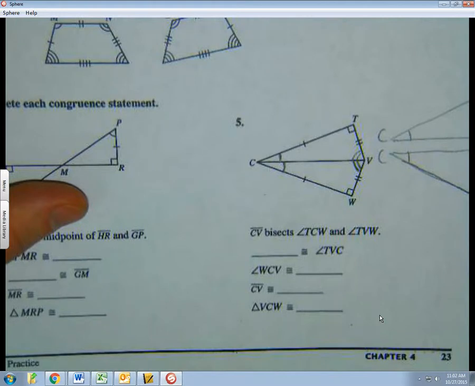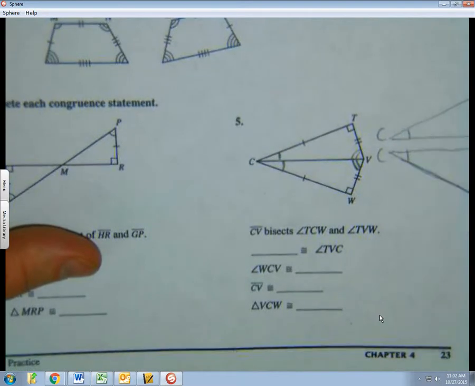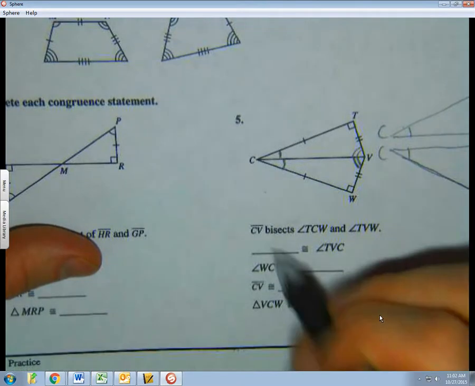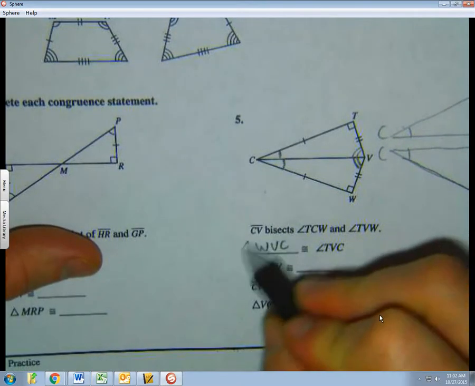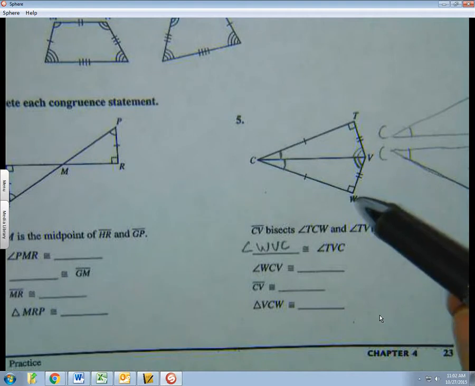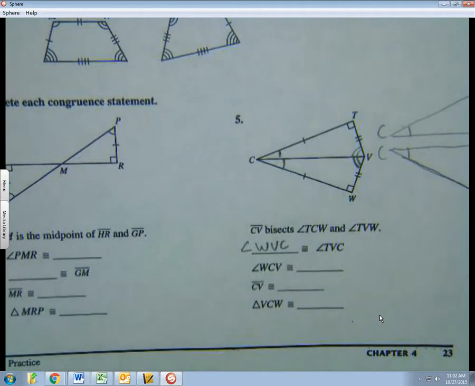Okay, so TVC is the same as, so we go right to 1, WVC. Okay, and we go W, and we go WCV, right 1, 2 is TCV.